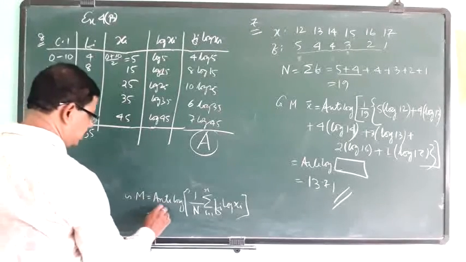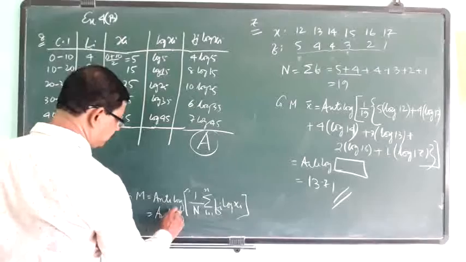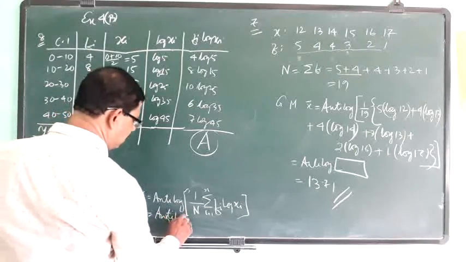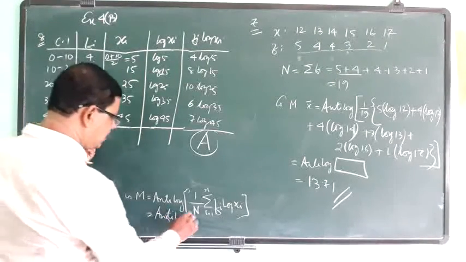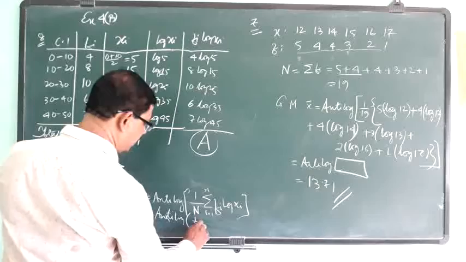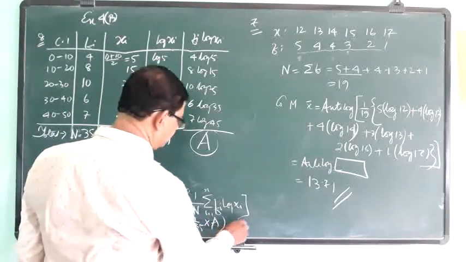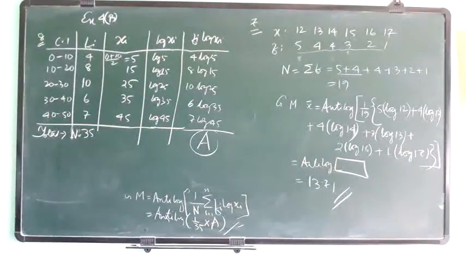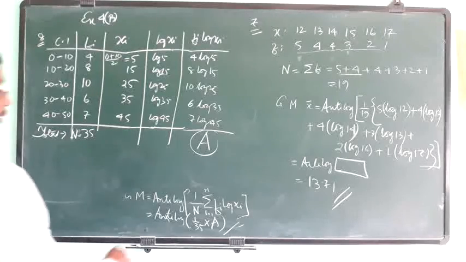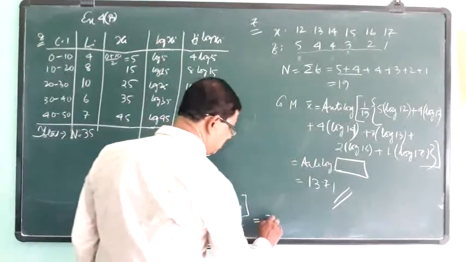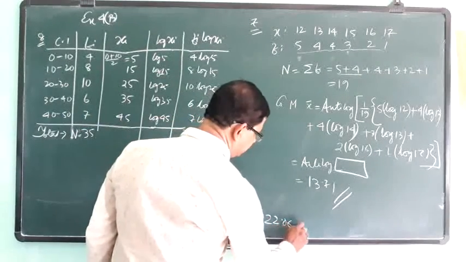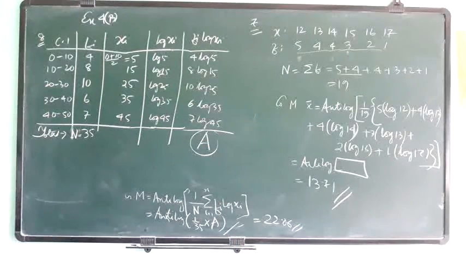Geometric mean will be the antilog of 1 by n, it is 1 by 35, multiplied with A. After putting this one, I will take the help of the book and write that this answer should come 22.06. So students, I think the calculation is a little bit big, but you can do this one.